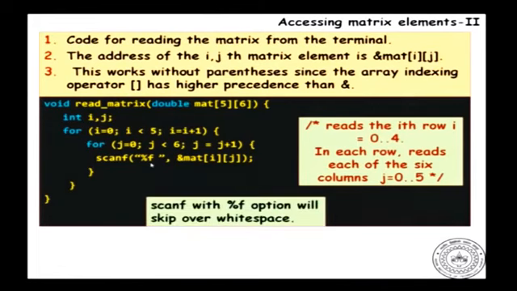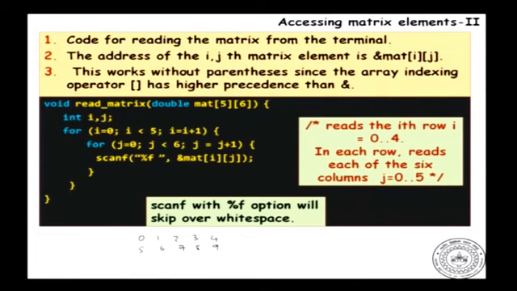Now, the way scanf works, scanf with the %f option will skip over any white space. So, in effect, if I had to enter a matrix of size 5 by 6, I can enter it in multiple ways. I can enter it in the most natural way, which is 0, 1, 2, 3, 4, 5, then 6, 7, 8, 9, and so on.